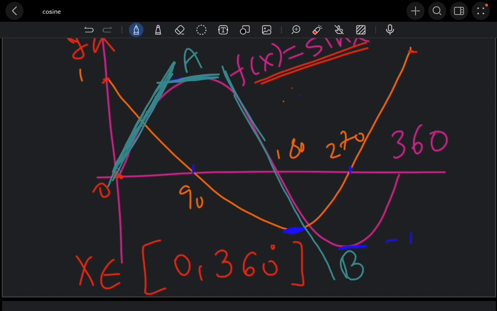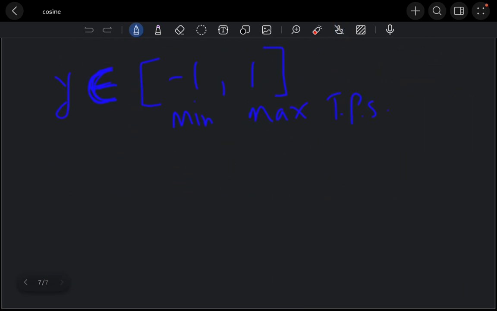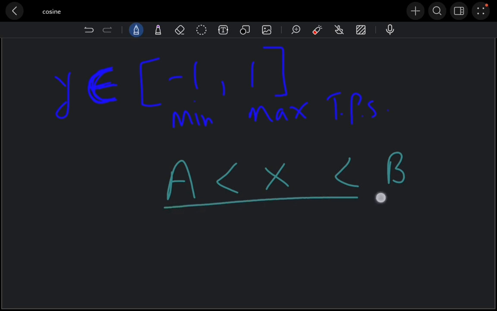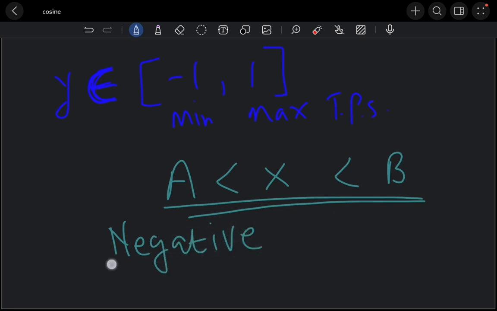If we had to write the range from A to B, it will be x from A to B. At this point, our function is negative, or x is negative at this point.